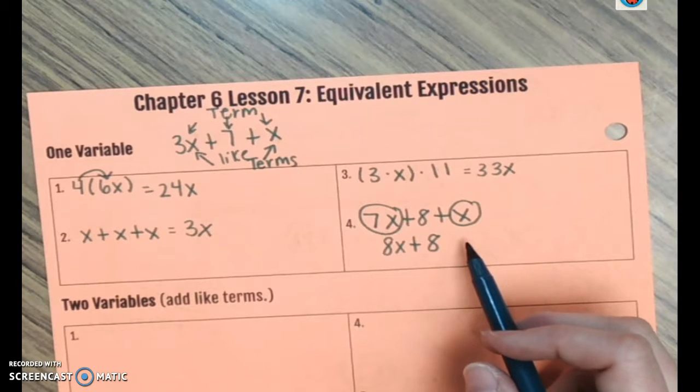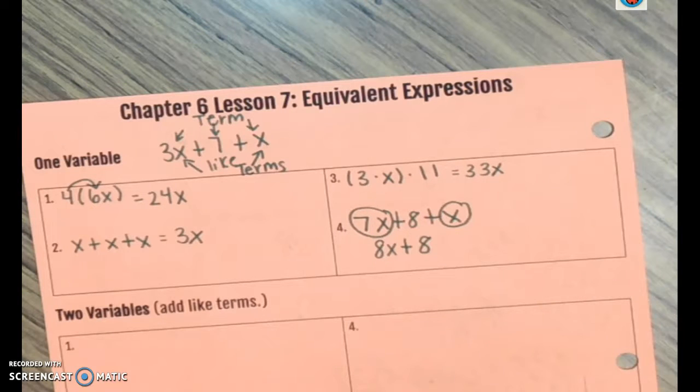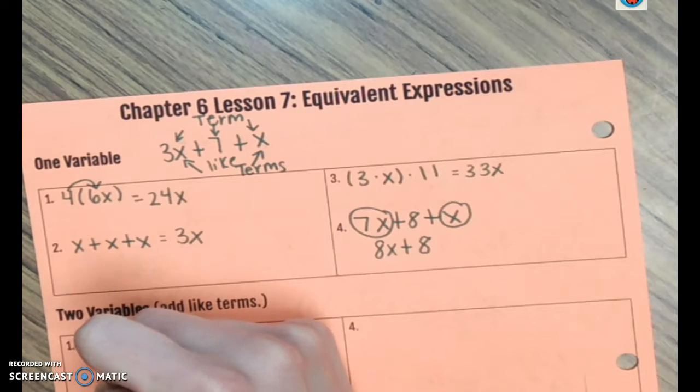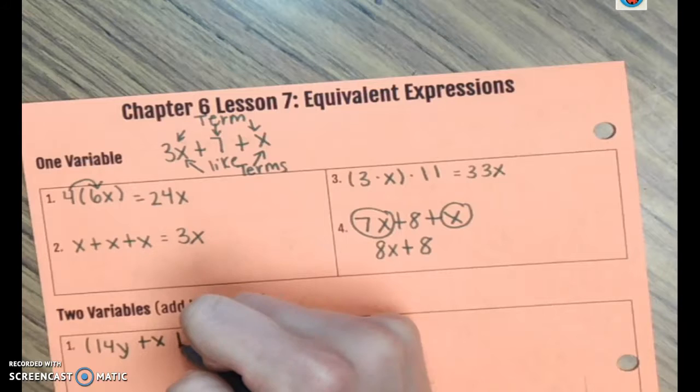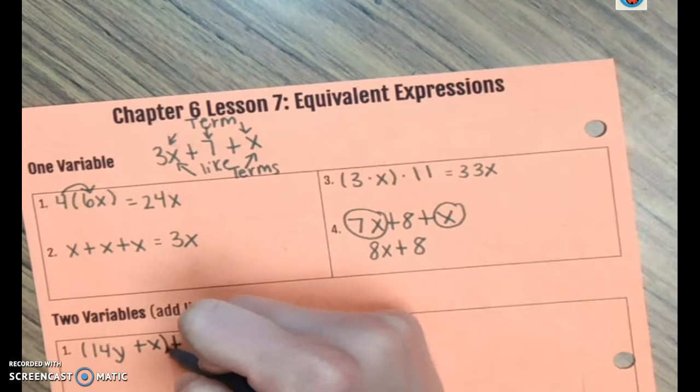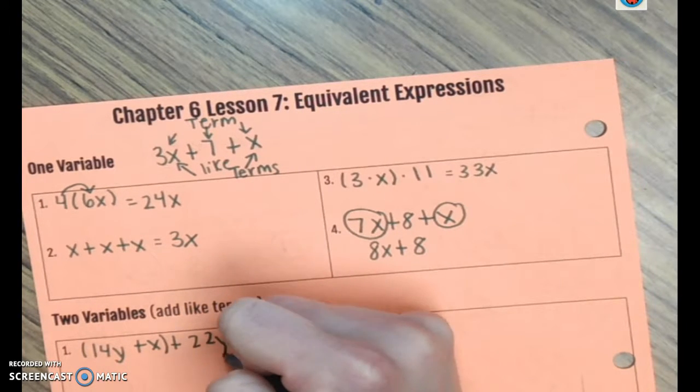Now we're going to do it with two variables. So properties can be used to simplify or to factor expressions with two variables. We're going to compare the effects of operations on numbers to the effects of operations on variables. So let's take a look at the first one. I'm going to do, in parentheses, 14y plus x, close parentheses, plus 22y.